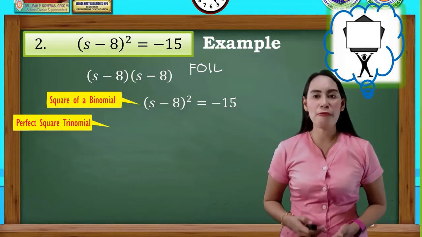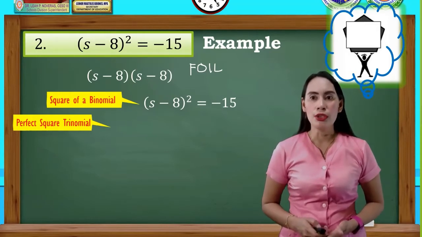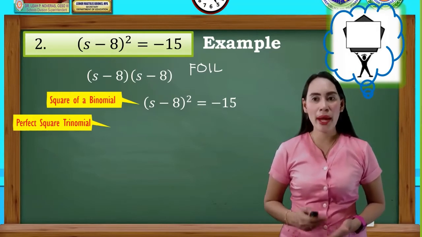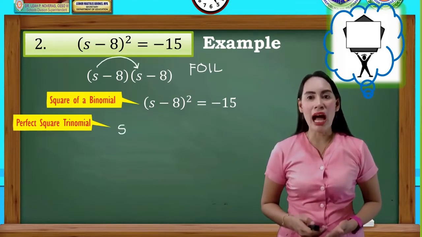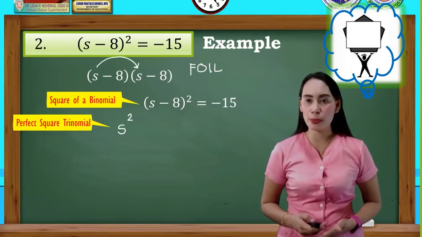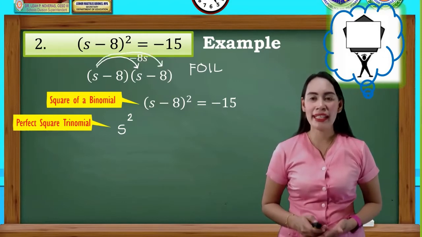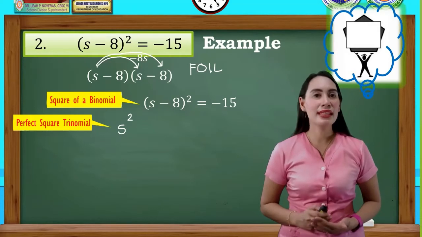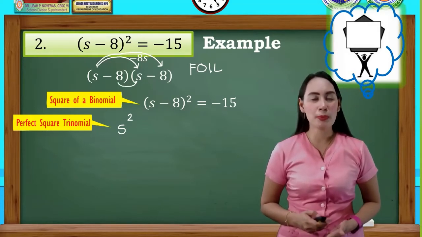We multiply first the first terms of each factor. So that is s squared. Next, multiply the outer terms of the expression. That is negative 8s. And multiply the inner terms of the expression.